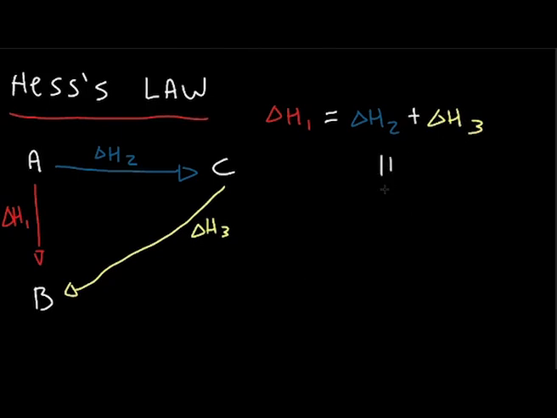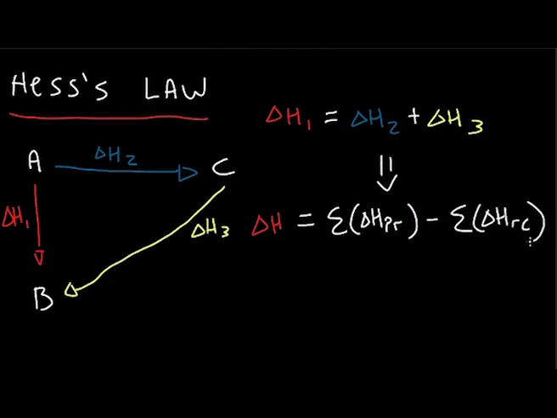We can actually rewrite this equation as the following, where delta H for the whole reaction equals the sum of the delta H of the products minus the sum of the delta H of the reactants. Now let's look at some examples.